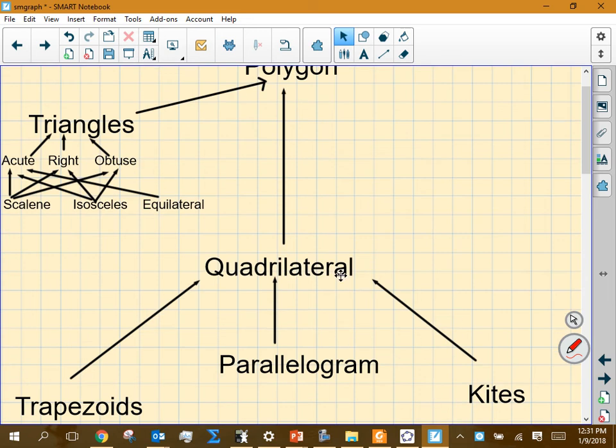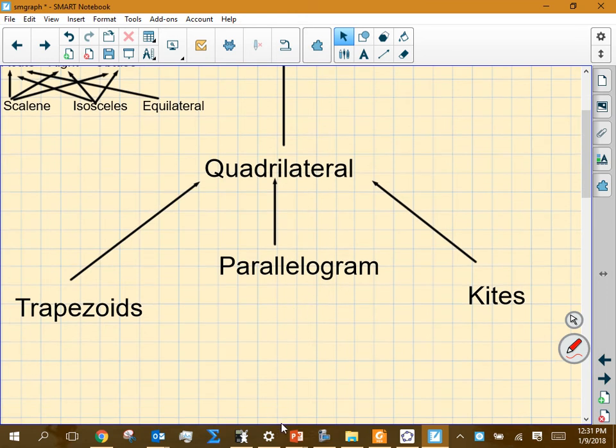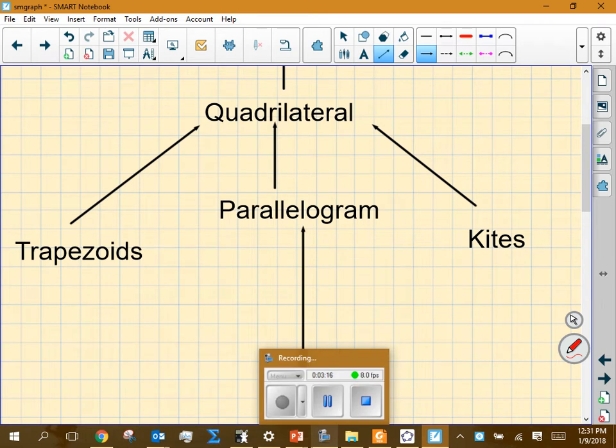Okay. So you were saying things like rhombus and square and rectangle, right? Those are things that are going to branch off from parallelograms. Okay? And a lot of this chapter, I think 3 or 4 sections, deals with parallelograms and the subgroups of parallelograms. And then there's a section or two that deals with trapezoids and then kites.